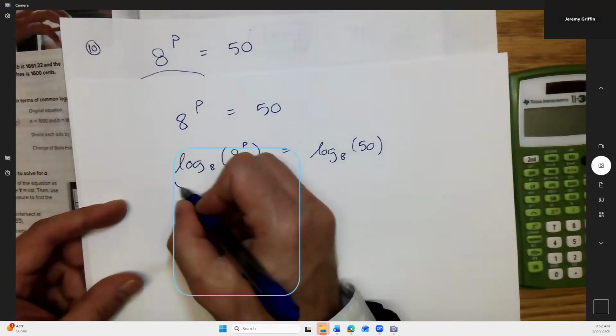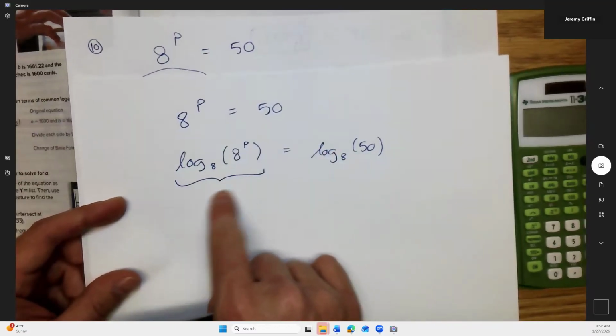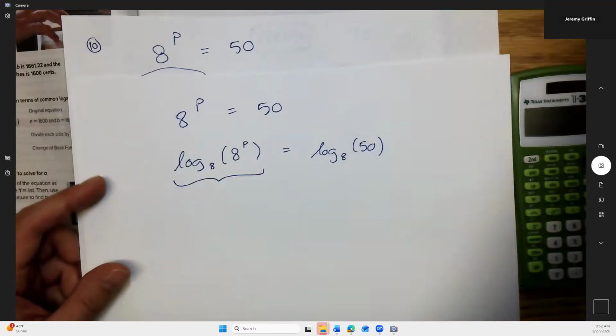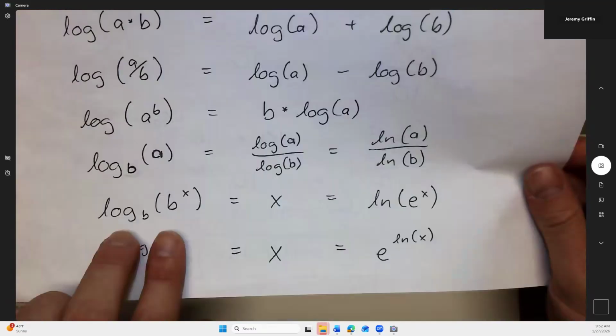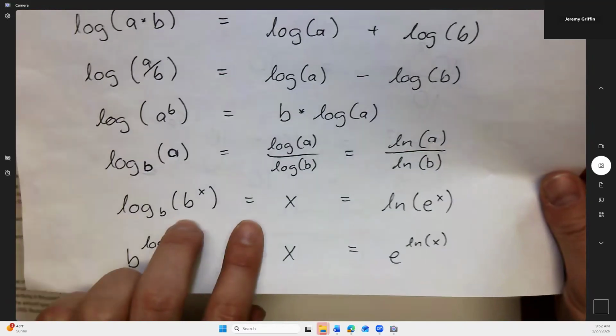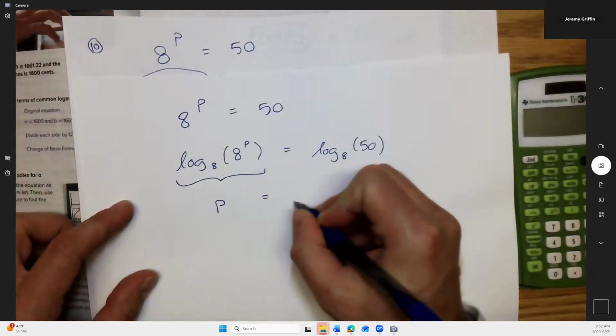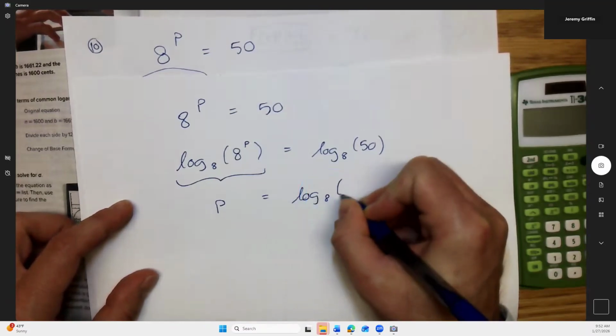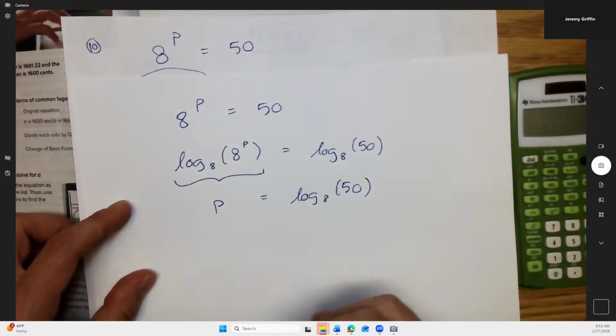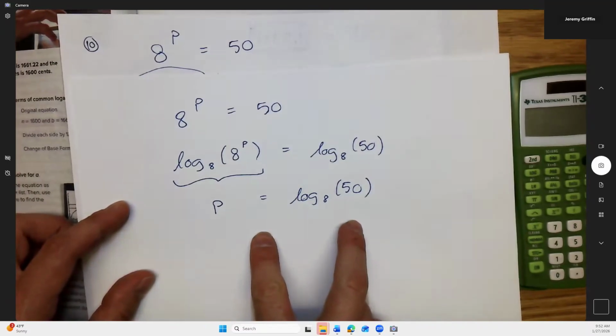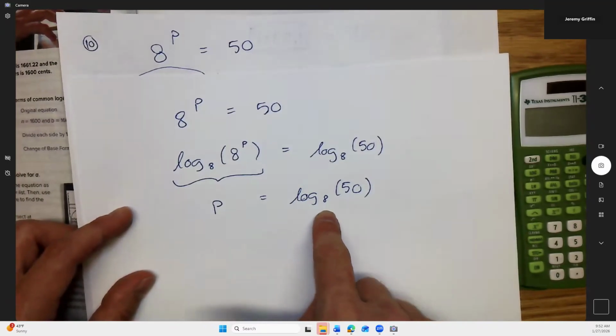Oh, because, guys, what is this right here? I'm looking at this row right here. You guys remember this row? So what is this? P. Log base 8 of 50. So that could also be the answer. Right? But again, the calculator doesn't know base 8. Is there a way you can convert base 8?